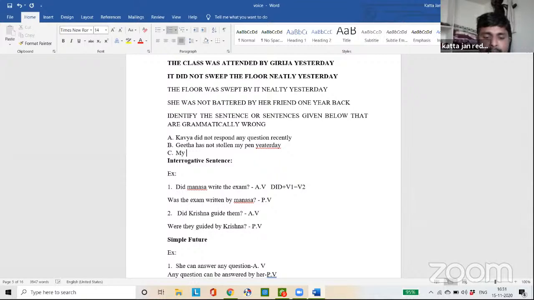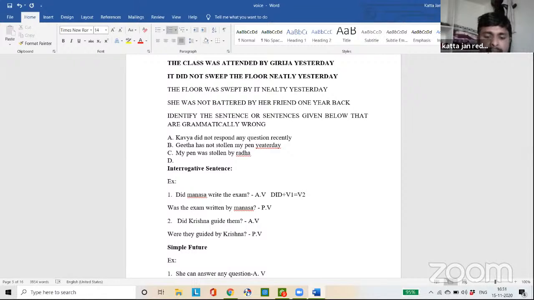Option C, my pen was stolen by Radha. Option D, the thief is not questioned by the police.